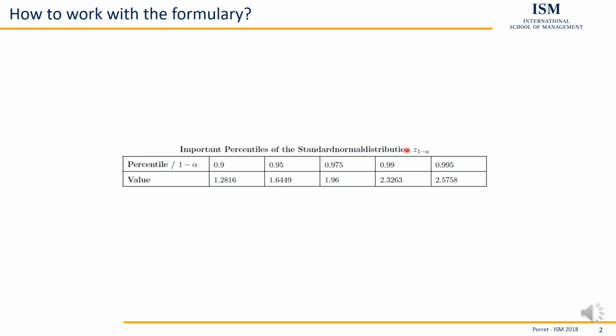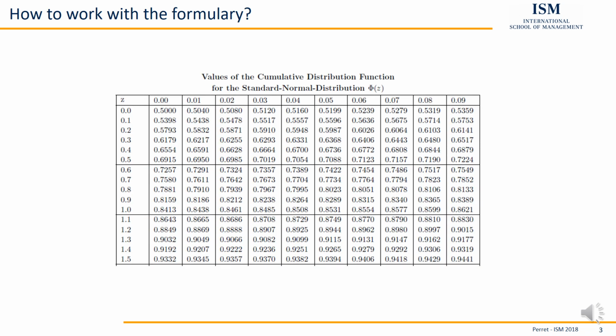And that's what is used in the context of a Gauss test or the first type of confidence intervals when we have a given standard deviation or variance. The second table on the values of the cumulative distribution function, that's when we want to actually calculate probabilities based on a normally distributed variable.